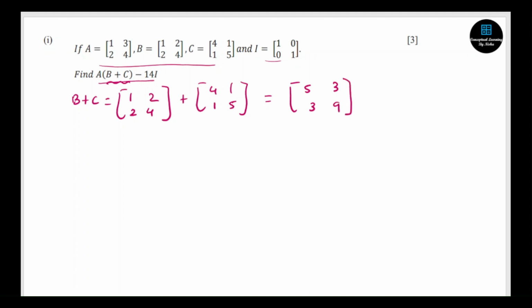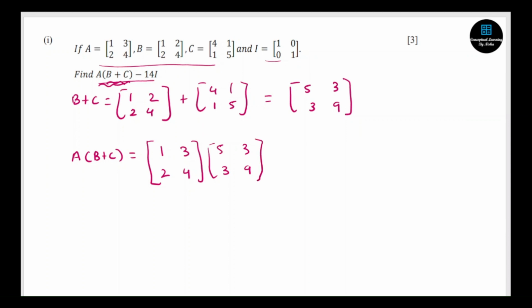So I found B plus C, and now I'll find A into B plus C. The next operation is to multiply it by A. Now maintain the order, it is very important. So 1, 3, 2, 4 multiplied by 5, 3, 3, 9.